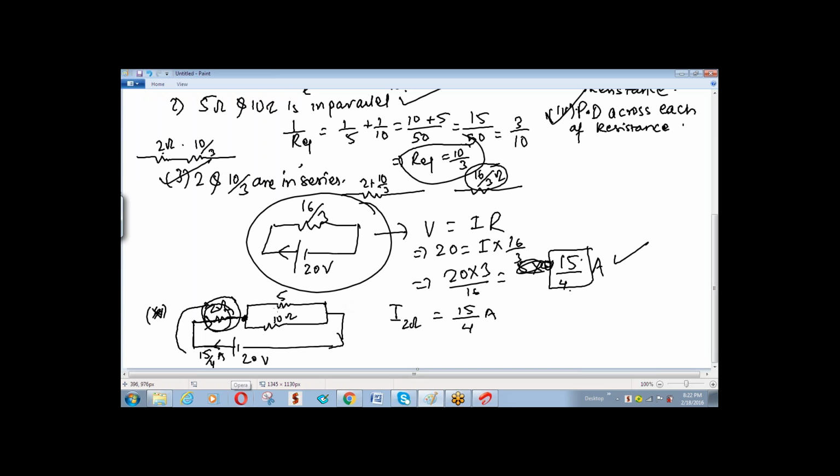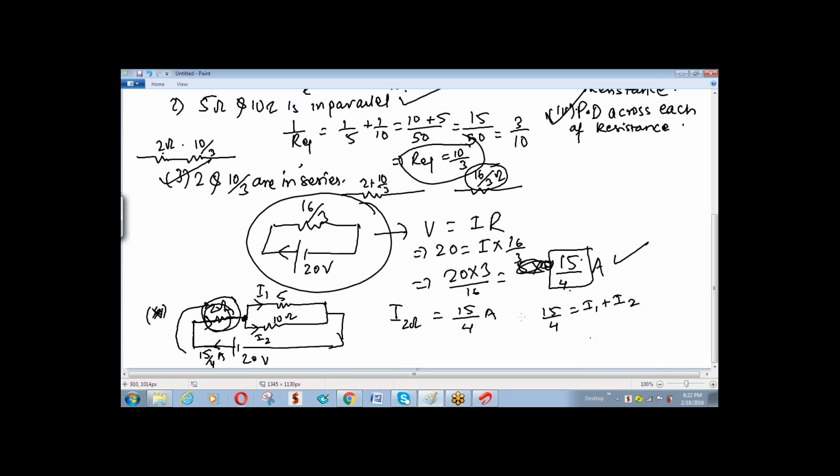Yeah. Right. Now think, whenever you are stuck, think in terms of water flow. It's the same, right? Now after this we have two paths. Let's suppose this is I1 and this one is I2. So I can definitely say that 15 by 4 must be equal to I1 plus I2, because these are the two tributaries.